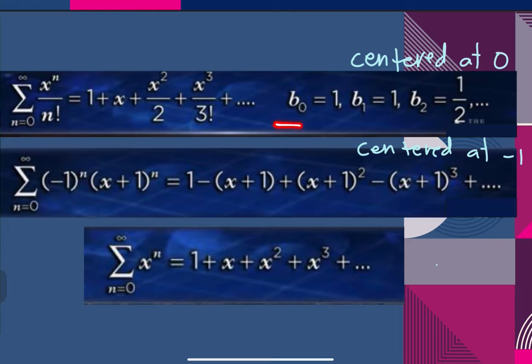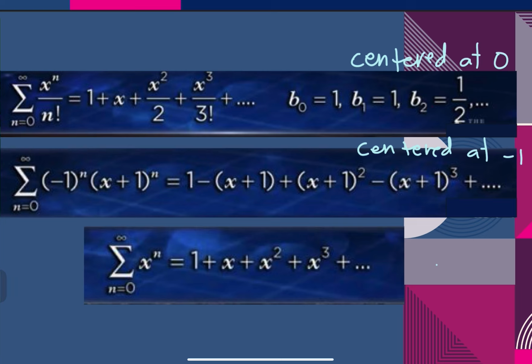The b coefficients: b sub 0 is equal to 1. b sub 1 is equal to 1. b sub 2 is 1 half. b sub 3 is 1 over 3 factorial or 1 over 6, and so on. So these are the coefficients of our x terms. And this is the power series centered at 0.